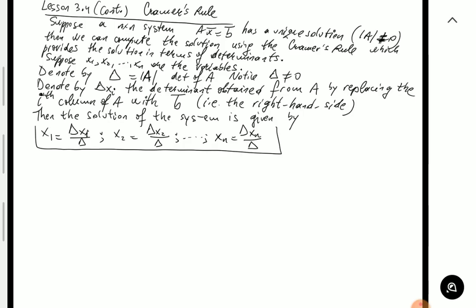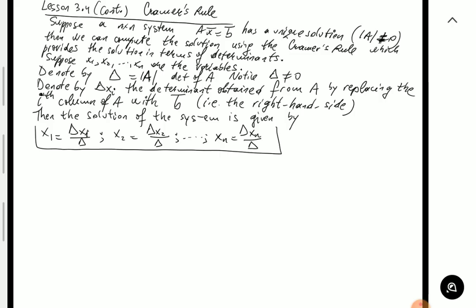I'm going to start with a 2x2 example, because I think that's probably the easiest one to illustrate. Remember, in the 2x2 case, you rarely do this problem by hand, I mean by the Cramer's rule, right?